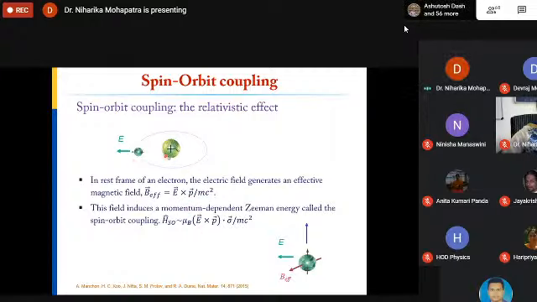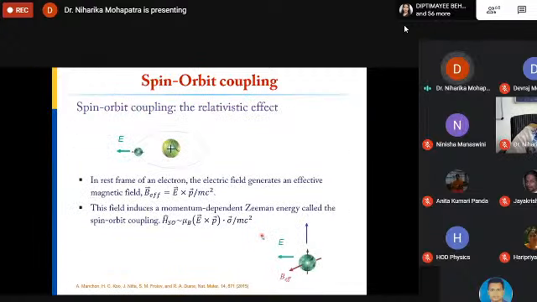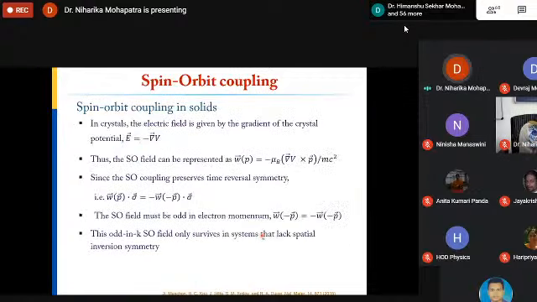Ultimately, this magnetic field will interact with the electron spin and give you the spin-orbit Hamiltonian, which is expressed in terms of E cross p dot sigma. This is the Pauli spin matrix, which you can always connect with the electron spin. This is for the free electron. The concept of spin-orbit coupling is the same, but in a crystal lattice there is a little difference.